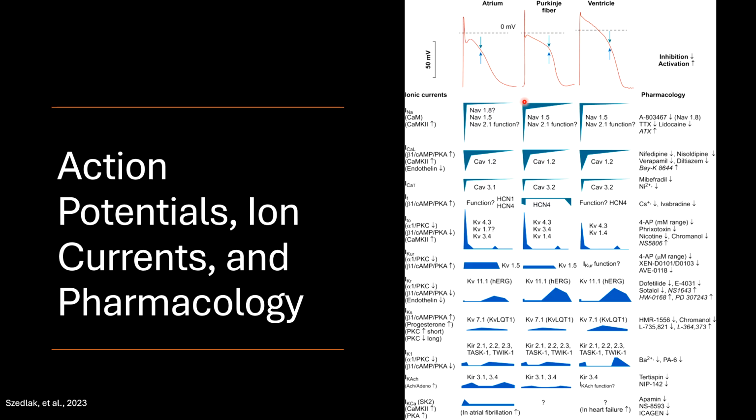The Purkinje fiber tracing shows a very fast upstroke and a long plateau because these cells have to conduct impulses quickly through the ventricles while maintaining proper timing. The ventricular action potential has a broader plateau phase, which prolongs the contraction time period.